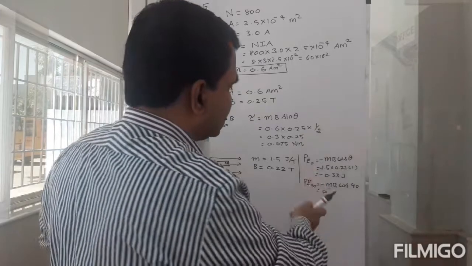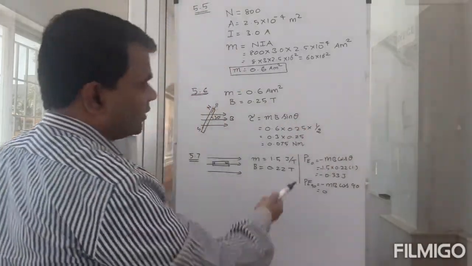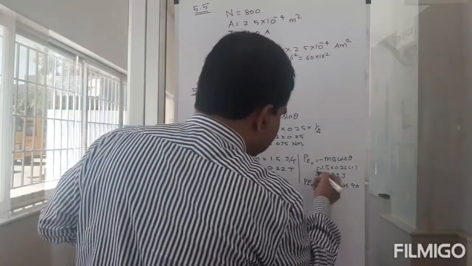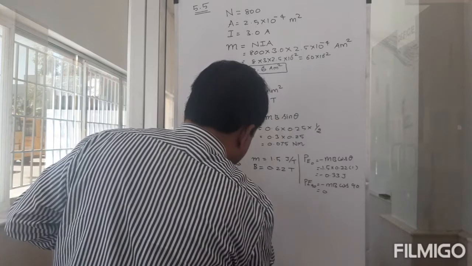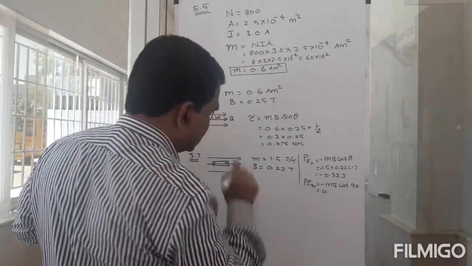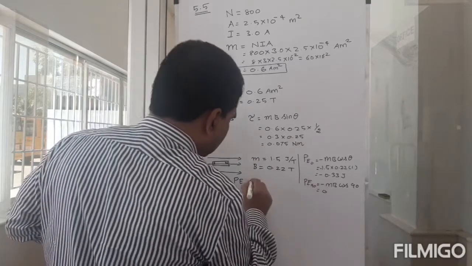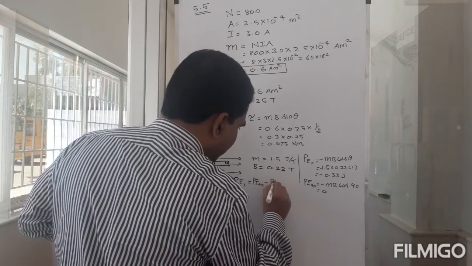The potential difference is final minus initial, so P90 minus P0.